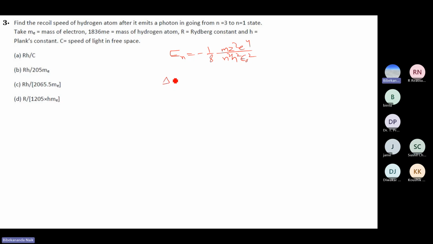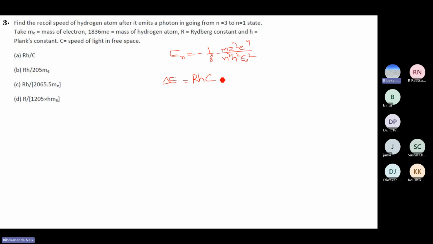For transition between the two levels, the change in energy is Rhc, because the options are in terms of R, h and c. Also we know the notations, what is R, what is c. So we need to solve the problem in the form of this Rhc expression.